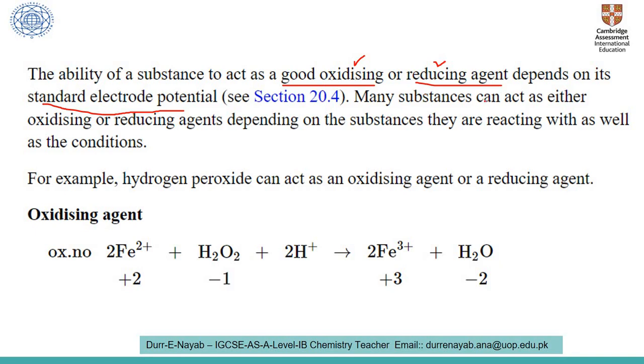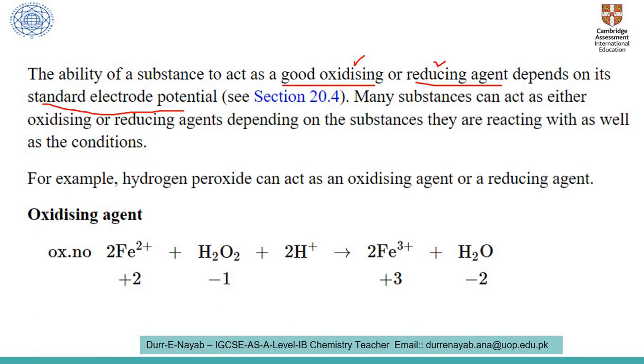So many substances can act as either oxidizing or reducing agents, depending on the substance they react with and also on the conditions. This potential of the electrode varies with the reacting substance, and it varies with environmental conditions.